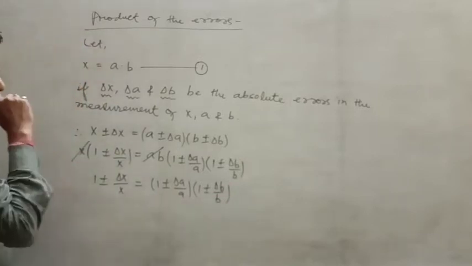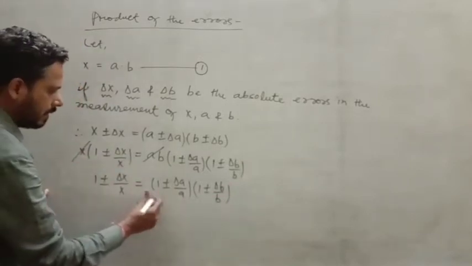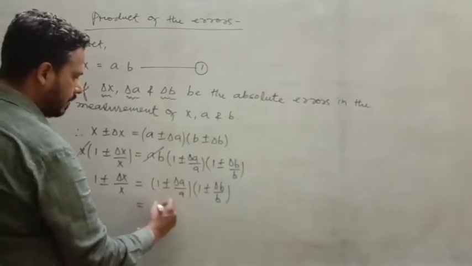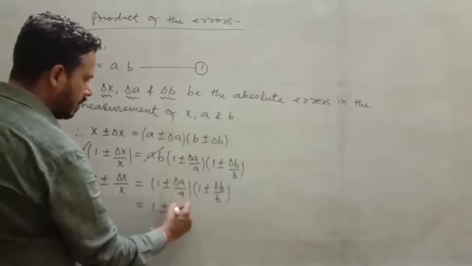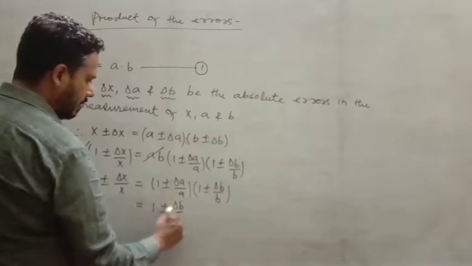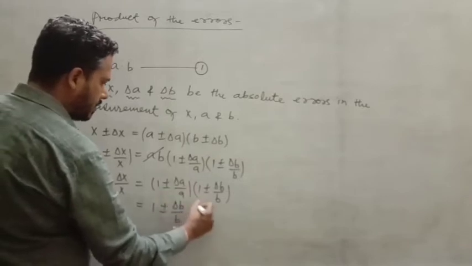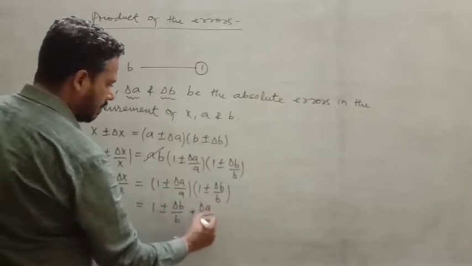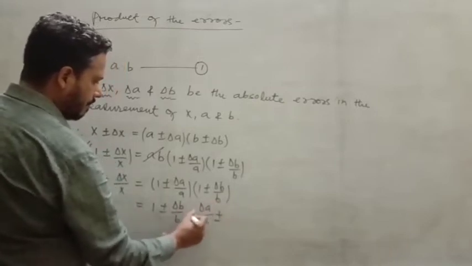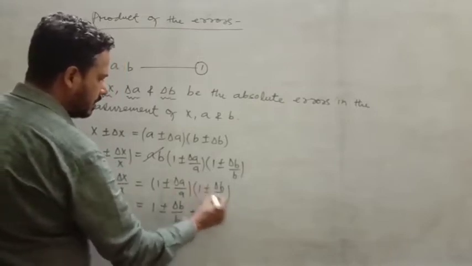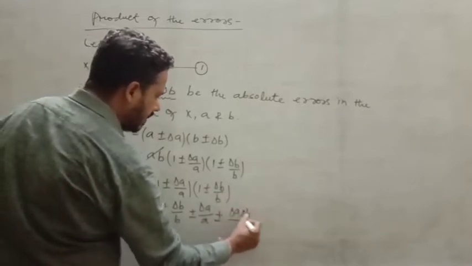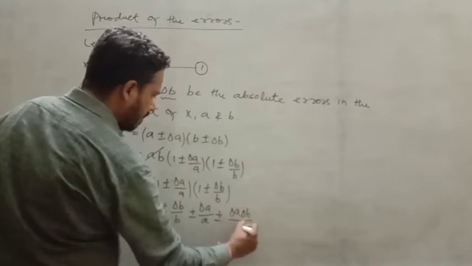So from here you just multiply this out. After multiplication you will get 1 plus minus delta b by b, and from here you will get delta a by a plus minus delta a delta b divided by a b.